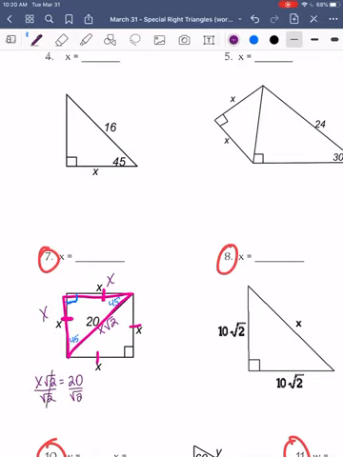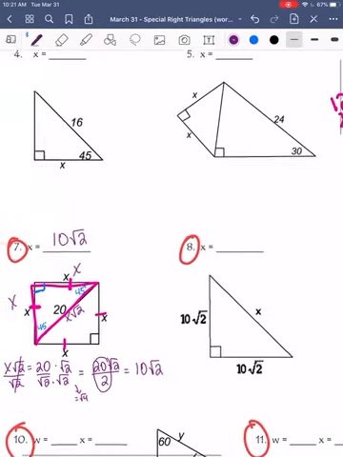And then remember, we cannot leave the radical in the denominator, so we multiply by root 2. And then we go straight across. 20 root 2 over 2, because root 2 times root 2 is root 4. I'm just skipping that step because I'm trying to get y'all to see the little shortcut. Okay? And then 20 divided by 2 is 10. And so, there's our answer. Because that's what we're looking for.